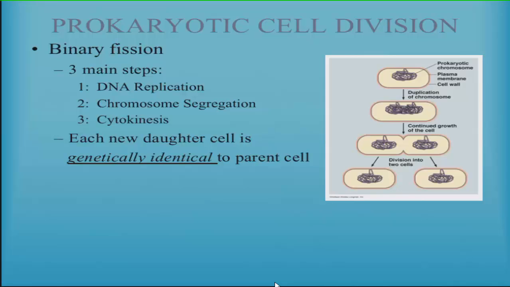Moving on to the segregation of chromosomes, where the two chromosomes separate and move apart, and at the last, cytokinesis, where the cytoplasm divides, forming two new cells. Not to forget that each new daughter cell is genetically identical to the parent cell.